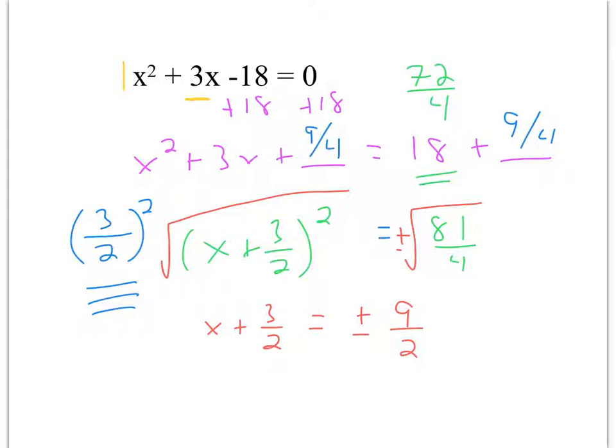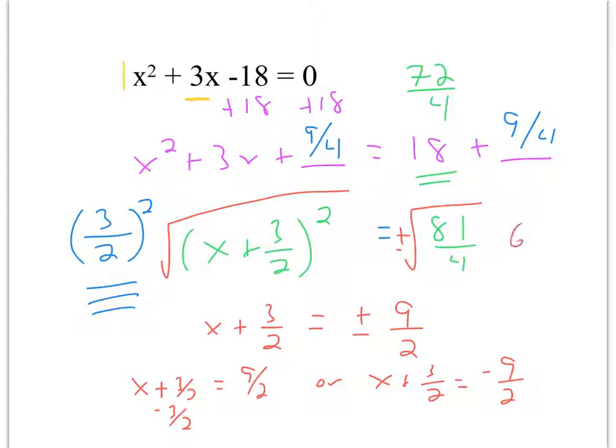So I'm going to subtract 3 halves from both sides. So x plus 3 halves is equal to 9 halves, or x plus 3 halves is equal to negative 9 halves. Okay, I'm going to subtract the 3 halves. 9 halves minus 3 halves is 6 halves.